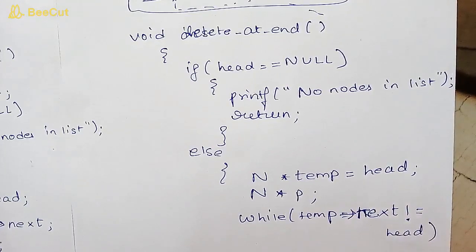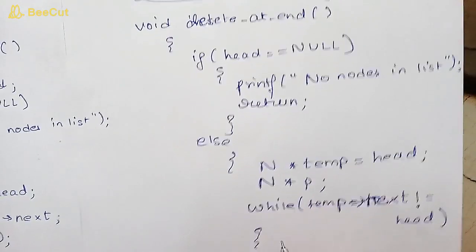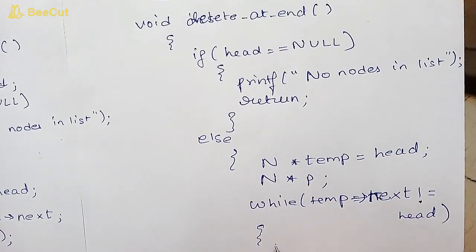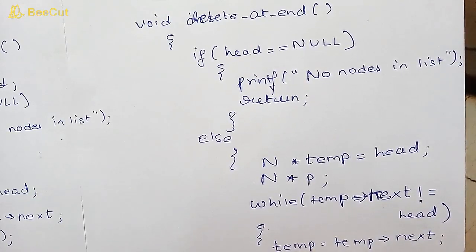Here null field is not there, so I'm taking while temp next is not equals to head. What I have to do, simply I have to traverse it, temp equals to temp next, and I have to take one pointer which should point to the previous node of temp, so p equals to temp.